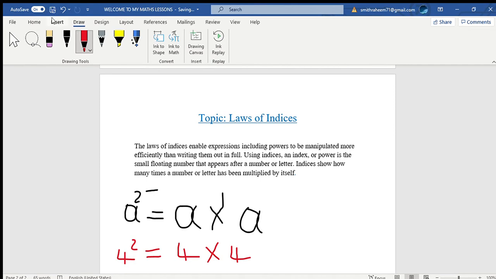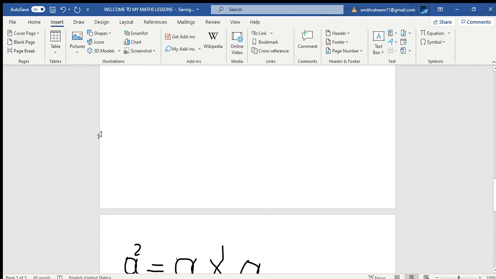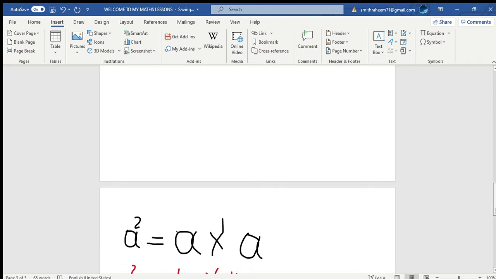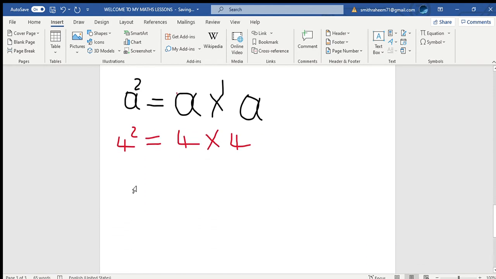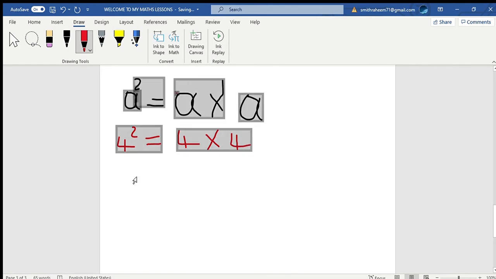Alright, so I'm going to insert a new page. Alright, so the 4 multiplied by 4 will give you 16. And we all know that, right? Let's erase this.